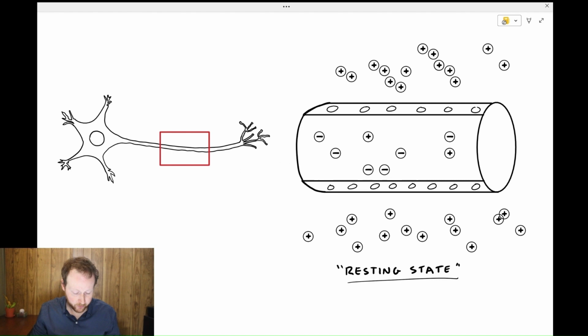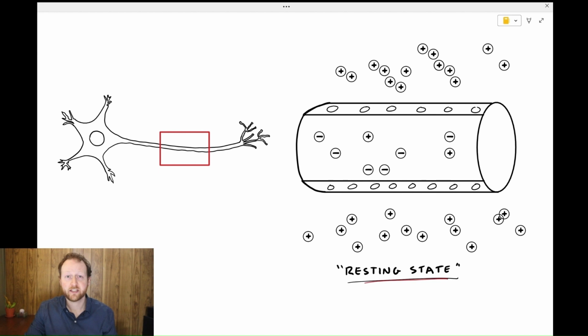Okay, so here we have the neuron, and we spoke about the specific structural components of the neuron in our first video. So if you haven't watched that one yet, you might want to go back and check that out before starting this one. When a neuron is not passing on any information to other neurons, we say that neuron is in its resting state.